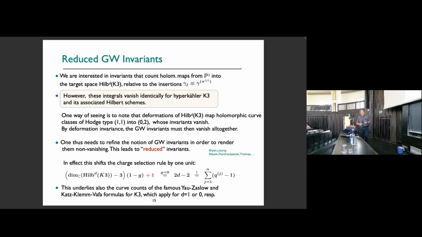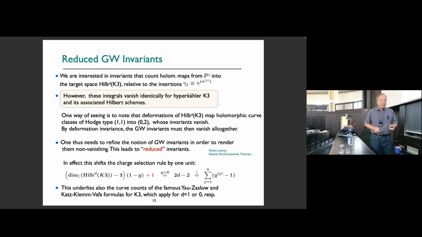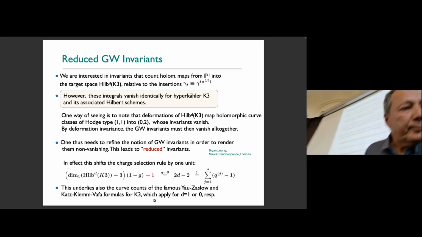And this idea of reduced invariants underlies other related counting functions which are known, namely the famous Yau-Zaslow formula which counts 1/2 BPS states in K3, and also the famous Katz-Klemm-Vafa formula which applies to special cases of this. So this is a framework which in principle has been known for some time.